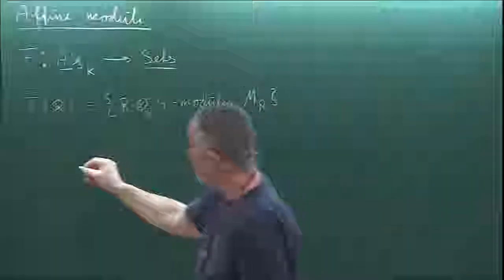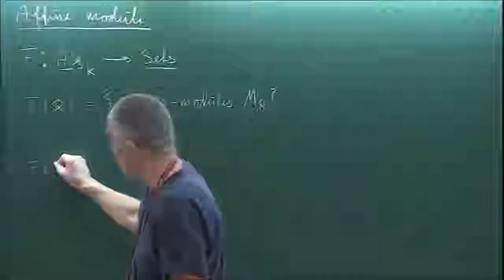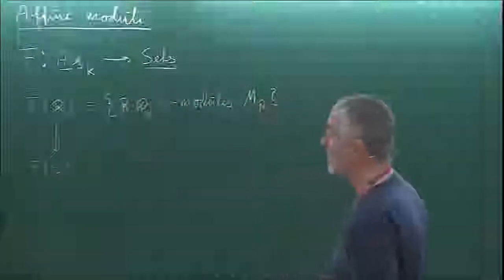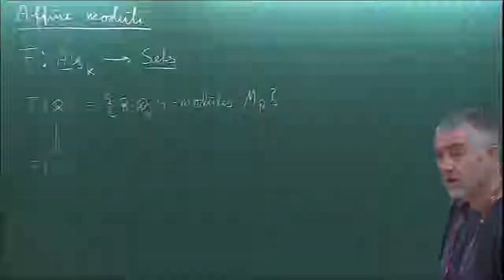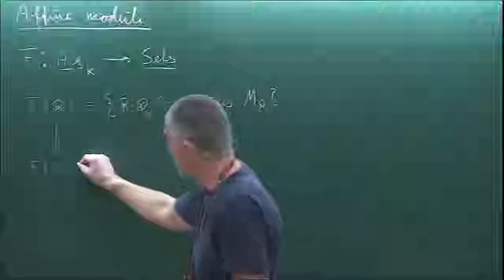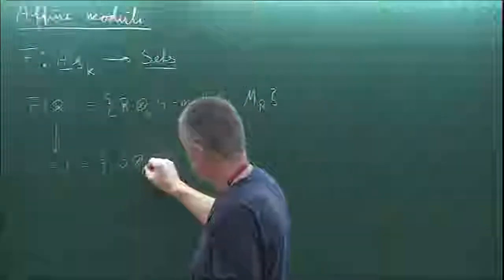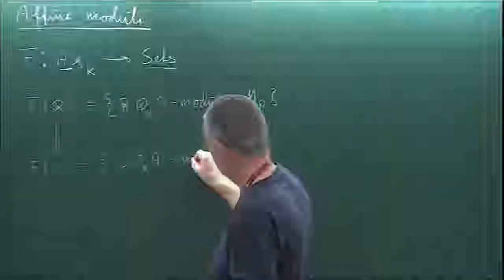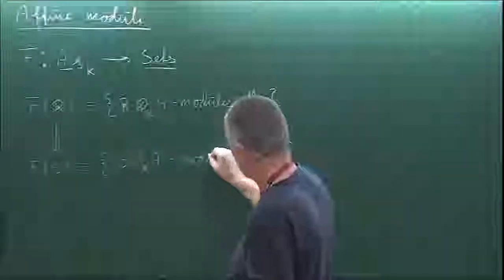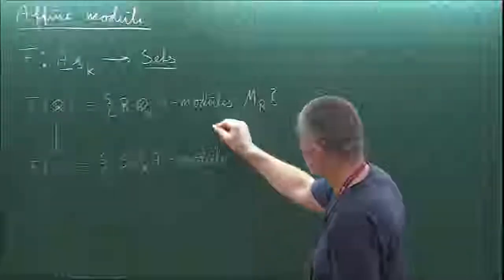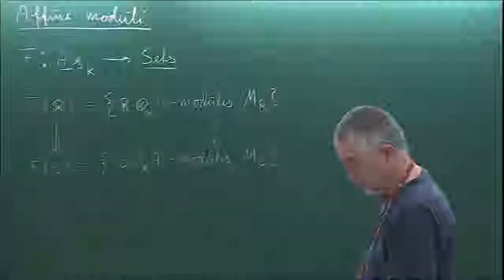So if I have given the morphism from R to S, how is this functor then given? Well, let's write up what it is. This should be S tensor K A modules, M_S, and then I should have a mapping here.